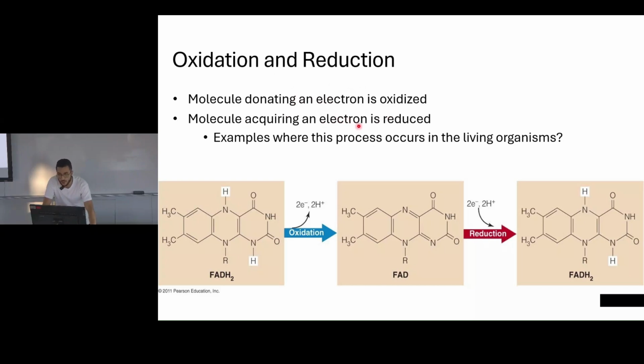It's becoming more negative. So for example, FAD+ has a plus here, and now it does not have a plus anymore, so its charge is being reduced. It goes from positive to neutral. So it's being reduced. Simple.